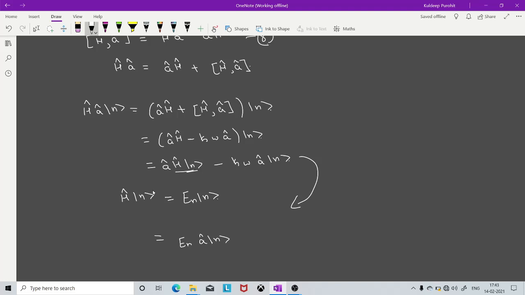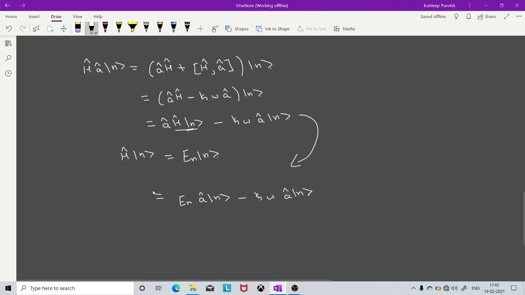Now a is left with n, minus h cut omega a into n. So I can now take En minus h cut omega, and the a into n can be taken common.